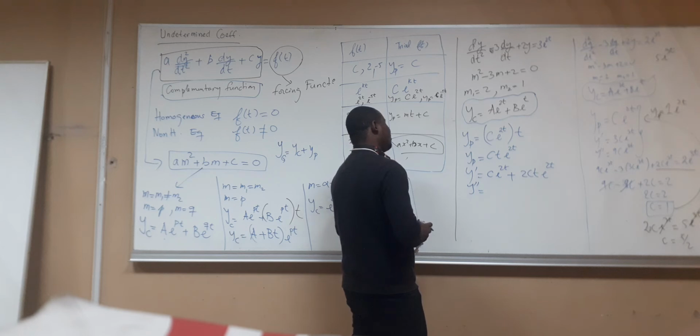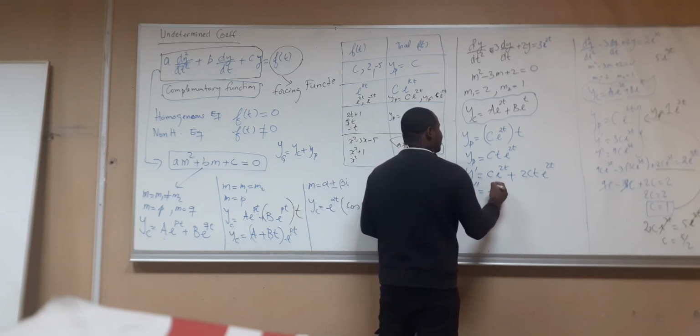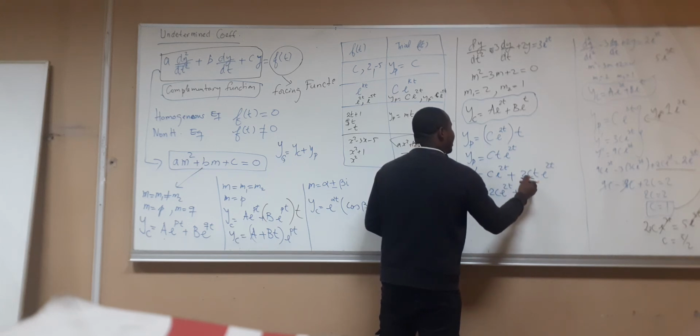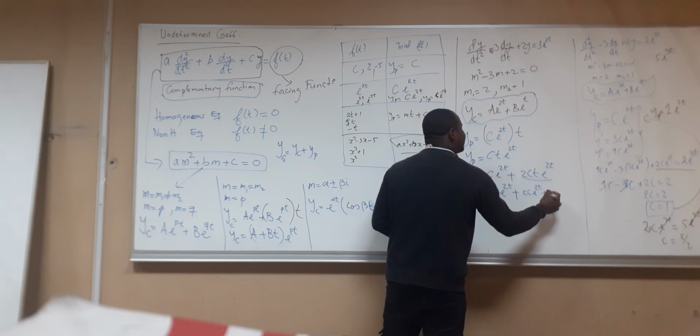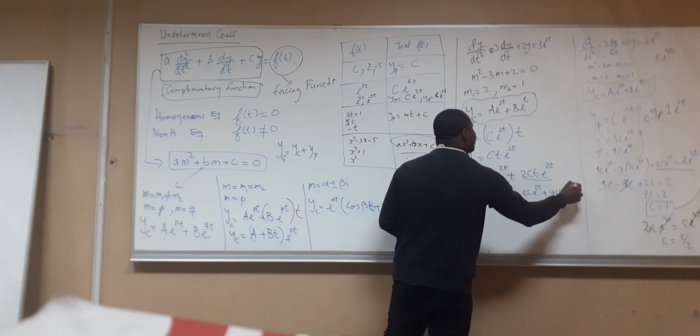Let's do the second differentiation. We have a constant here, so it's going to give me only e to the power 2t. So basically I'm going to have 2c e to the power 2t plus, here I'm going to use the product rule, 2c e to the power 2t plus 4ct e to the power 2t.